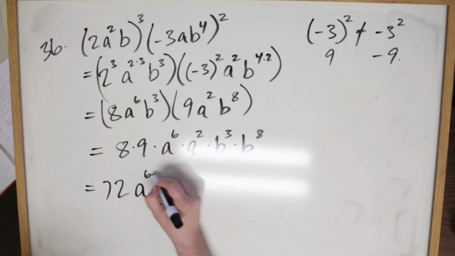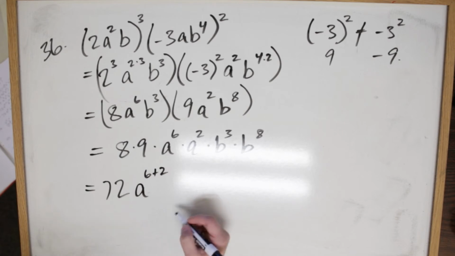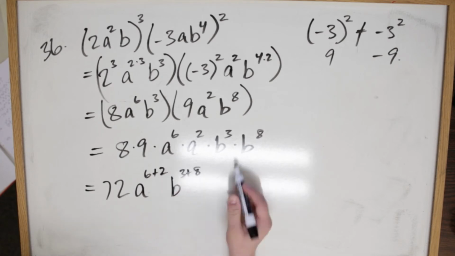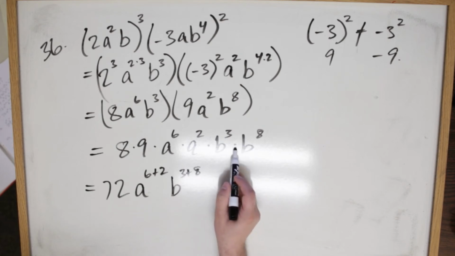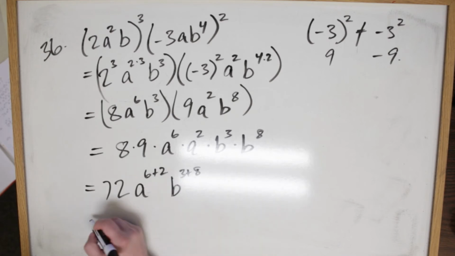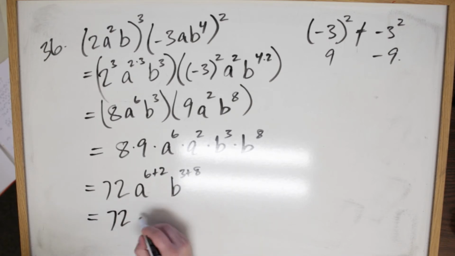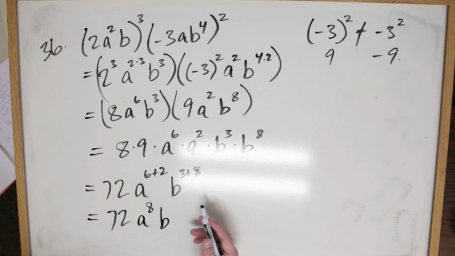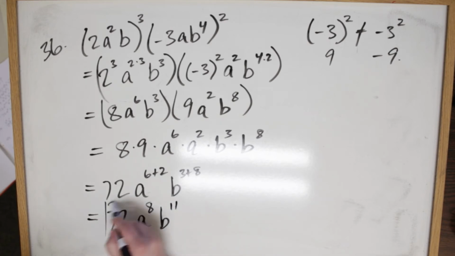A to the 6th plus 2. B to the 3 plus 8. Again, we're adding because, remember, multiplication of the same base means adding the exponents, okay? So 72, a to the 8th, b to the 8 plus 3 is going to be 11. And this right here is our final answer.